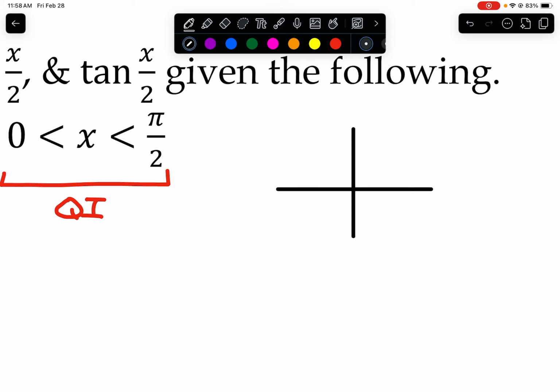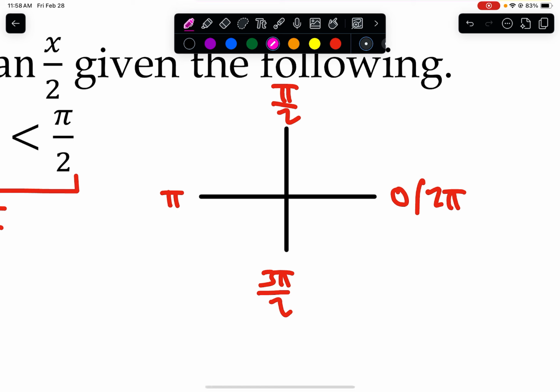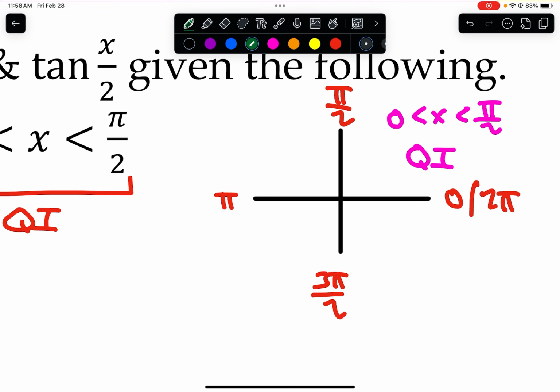I say quick very loosely. So we have 0, pi over 2, pi, 3 pi over 2, and then all the way back around to 2 pi. If you're ever between 0 and pi over 2, then we're going to be working in quadrant 1. If you are between pi over 2 and pi, that means you're working in quadrant 2.